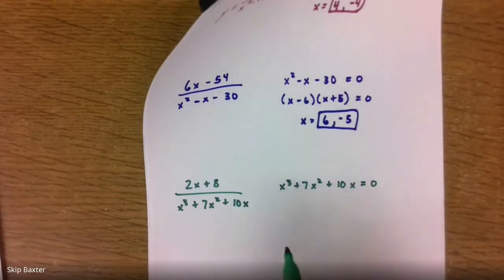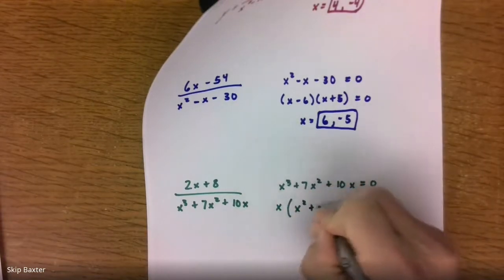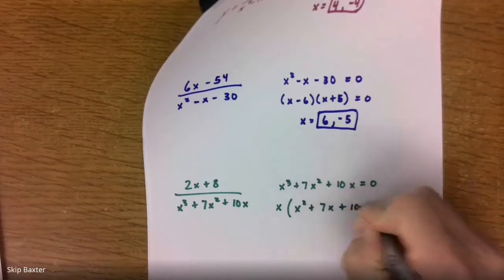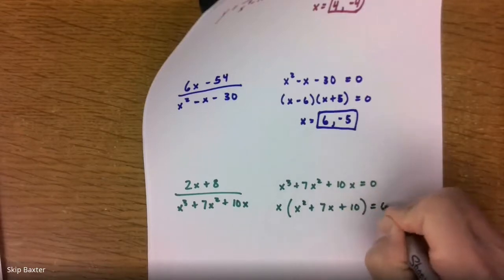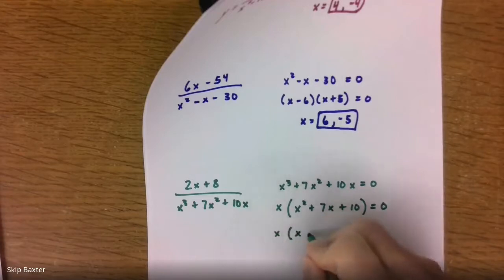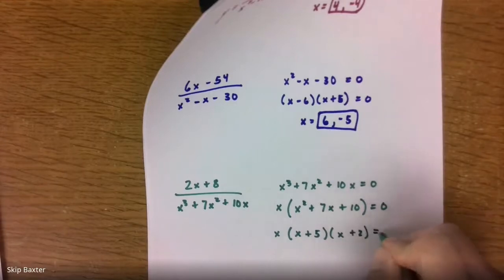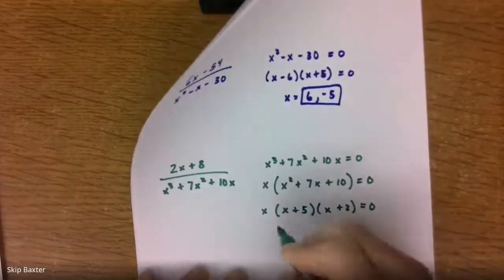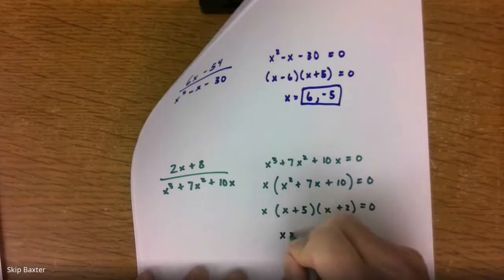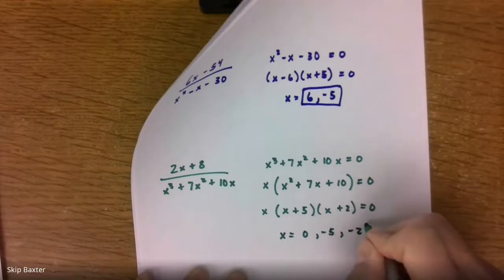There's an x in all three terms. x times x squared plus 7x plus 10. Now it's just a normal quadratic trinomial here. So this would be x plus 5, x plus 2. So in this case, I get three numbers that give me an undefined fraction. I get 0, negative 5, and negative 2.